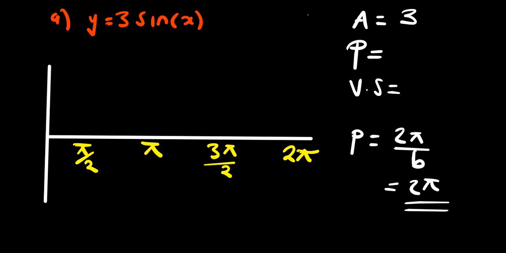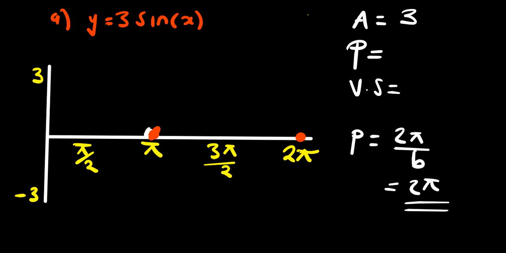Now you know that the sine graph goes up and comes down. Our amplitude is 3, so on the other side it will be -3. It's going to alternate between 3 and -3. Because the function is positive, it's going to go up first, pass through 180, and also pass through 360.